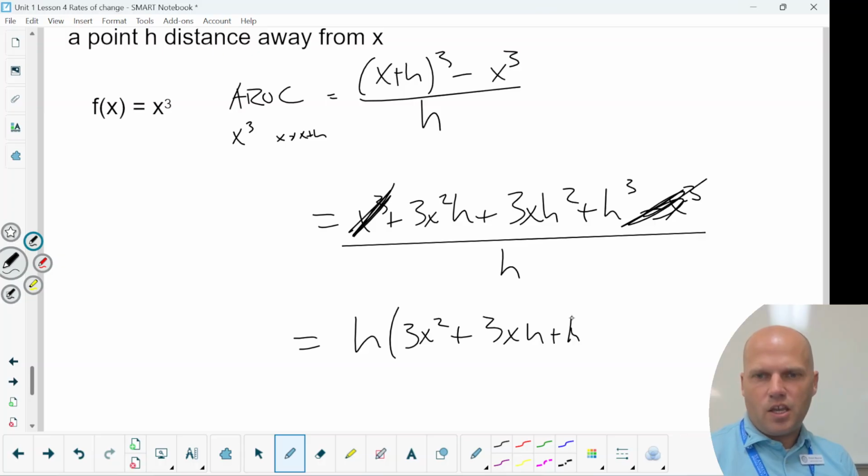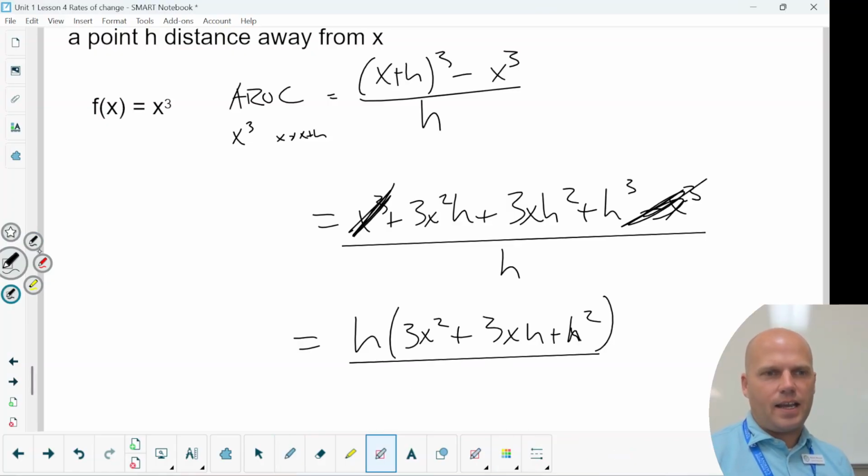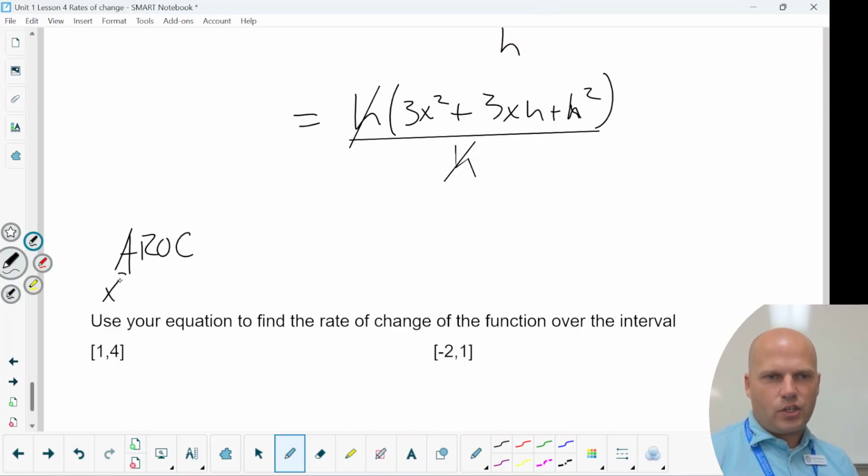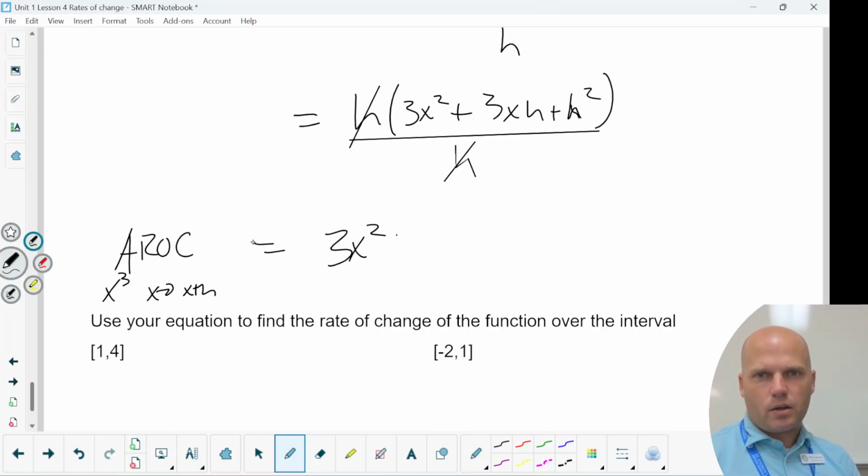If we didn't simplify, we'd still get the answer. And all of a sudden, I get this equation: the average rate of change of x cubed from x to a point h distance away is 3x squared plus 3xh plus h squared.